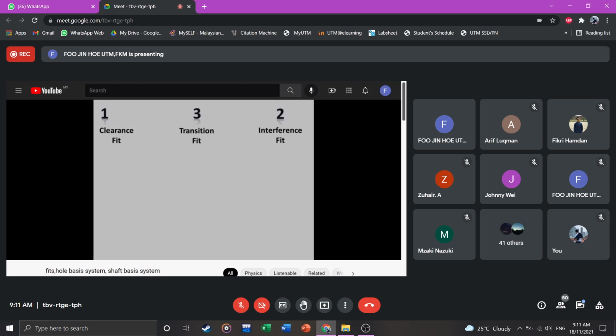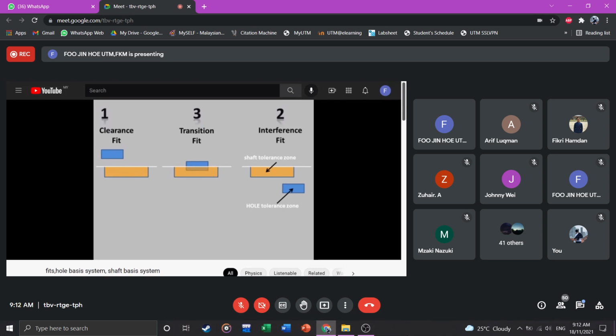Now we will see clearance fit, transition fit, and interference fit together. This is the zero line and the tolerance zone of the shaft. In interference fit, the tolerance zone of the hole will always lie below the tolerance zone of the shaft. In clearance fit, the tolerance zone of the hole will always be above the tolerance zone of the shaft. But in transition fit, the tolerance zone of the hole and the tolerance zone of the shaft will overlap.